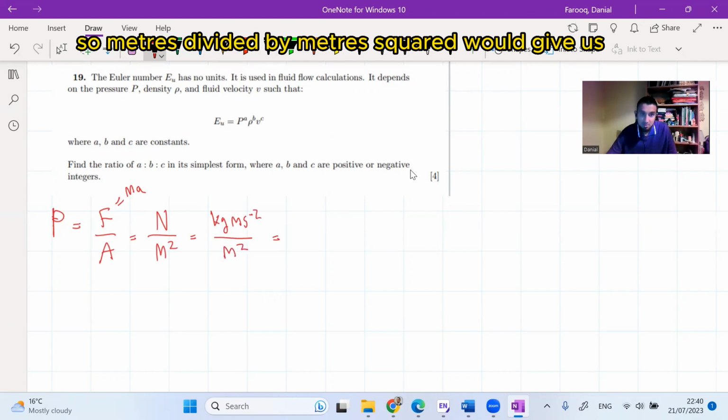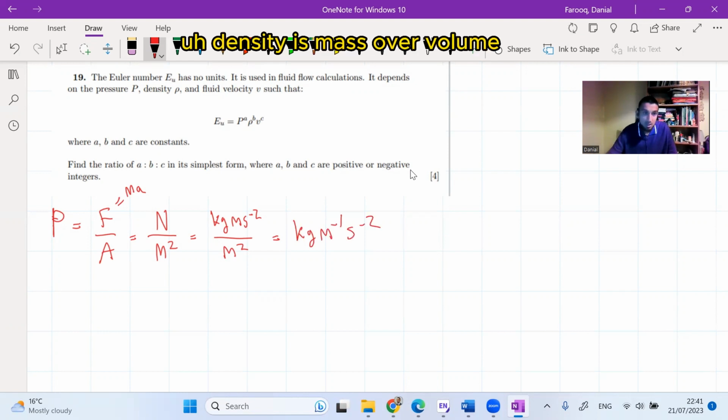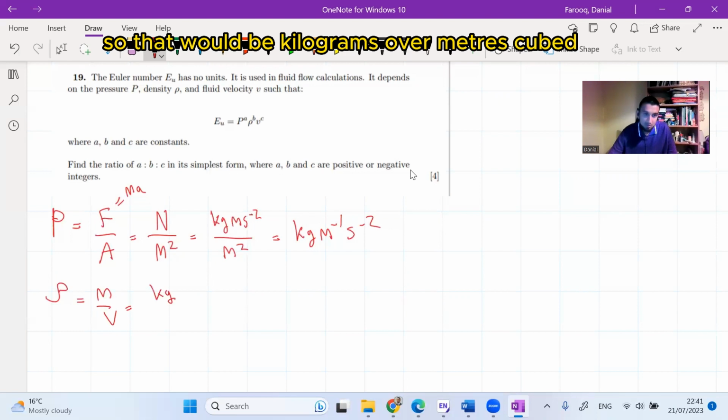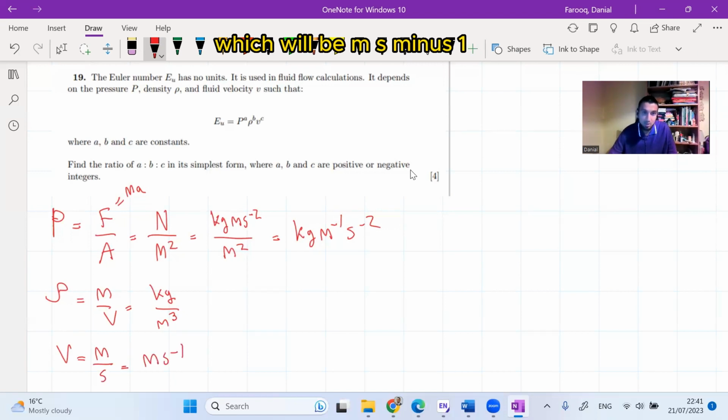So meters divided by meters squared would give us m to the -1, s to the -2. Density is mass over volume, so that would be kilograms over meters cubed. And then the velocity will be meters per second, which will be ms to the -1.